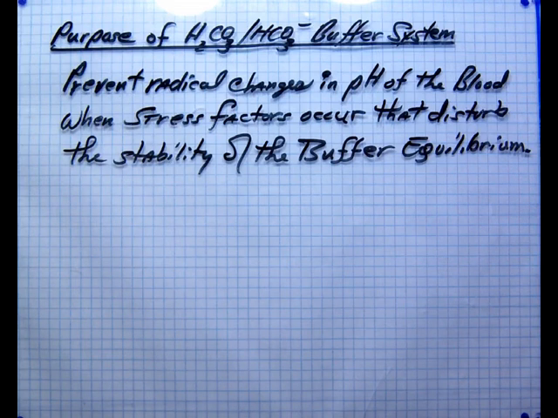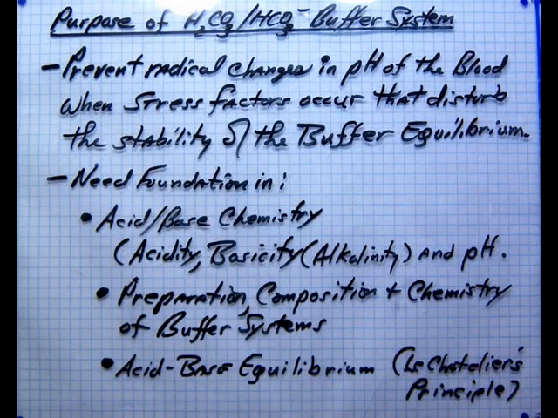Now the purpose of the bicarbonate carbonic acid buffer system is simply to prevent radical changes in the pH of the blood when stress factors occur that would disturb the stability of the buffer equilibrium. Now, to understand how the buffer system functions, you really need an academic background in these topics that I'm showing here.